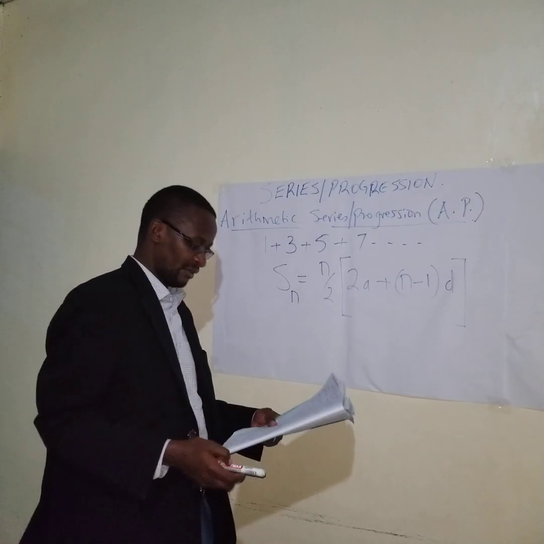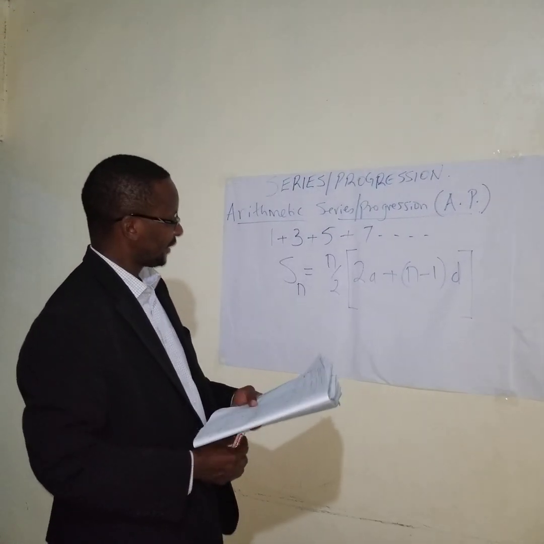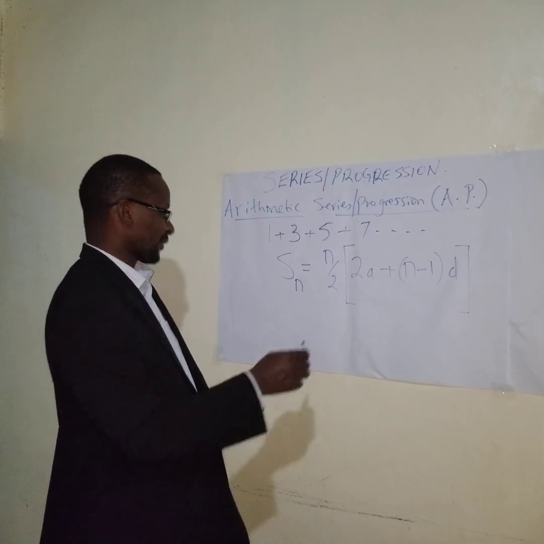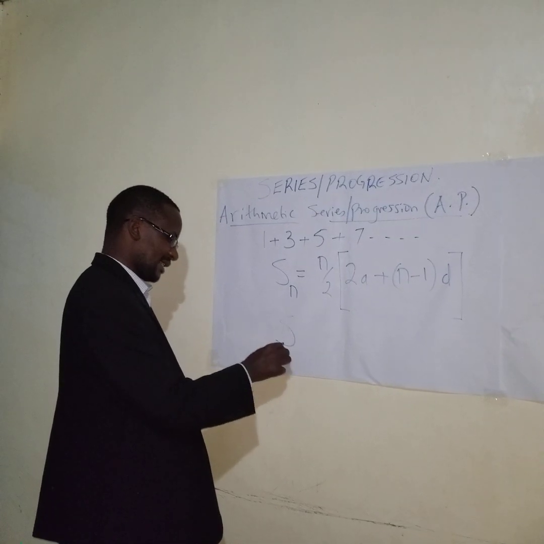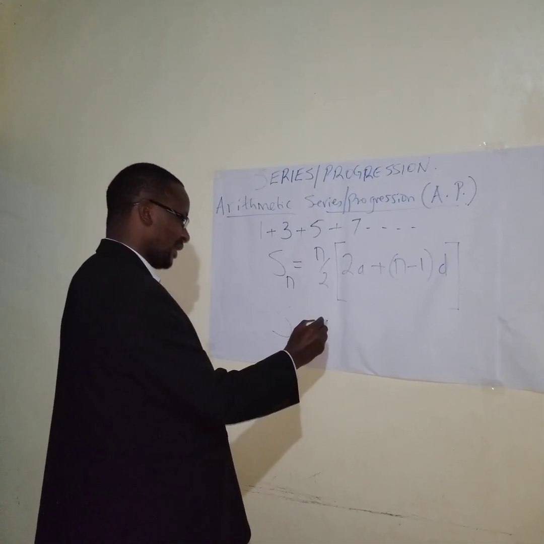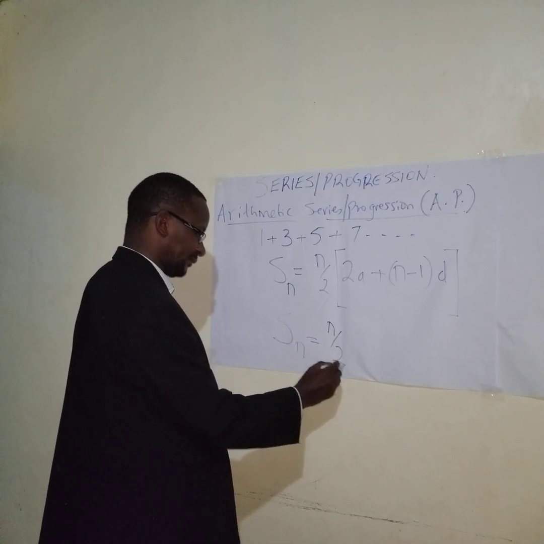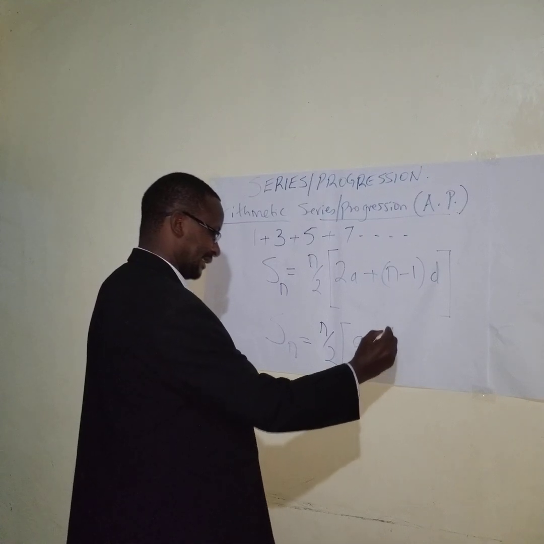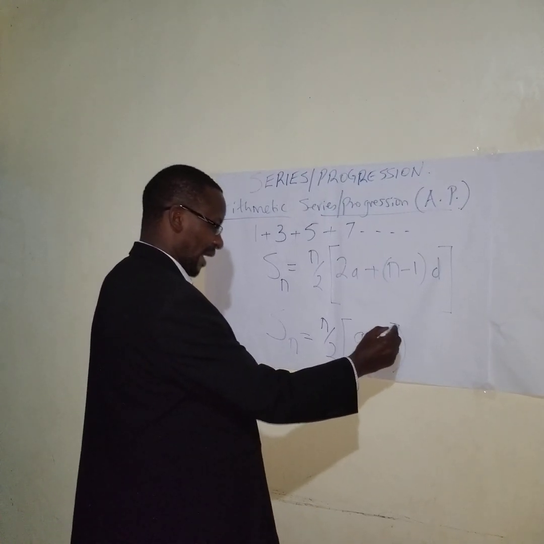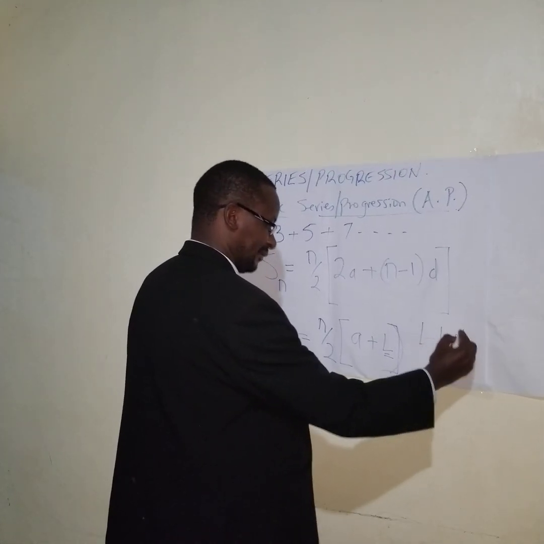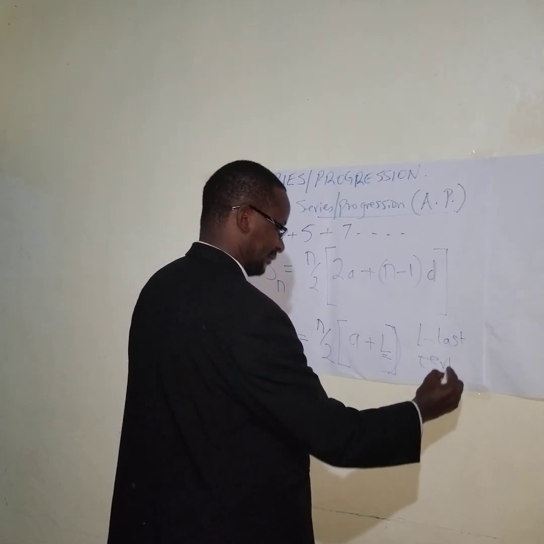So this is a good formula you should remember on how to get the sum of n terms of an arithmetic progression. For example, and before I go on with the example, you can also use this formula. Sn is equal to n over 2 times a plus L, where L is the last term.